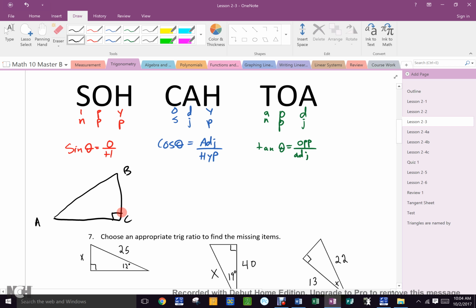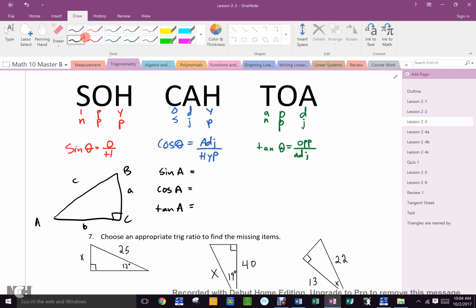Label the sides correctly: A, B, C. And then, using the letters, tell me the sine of A, the cos of A, and the tan of A. Only using letters.